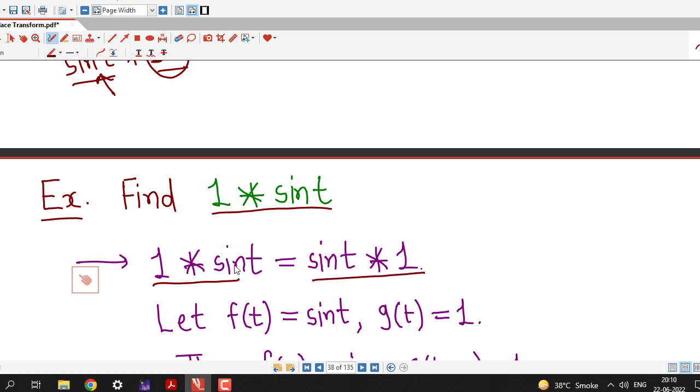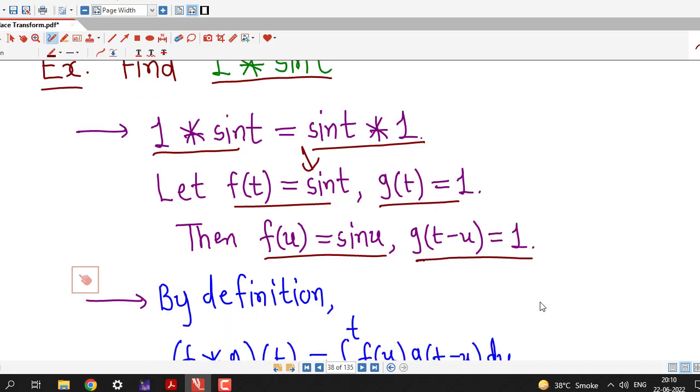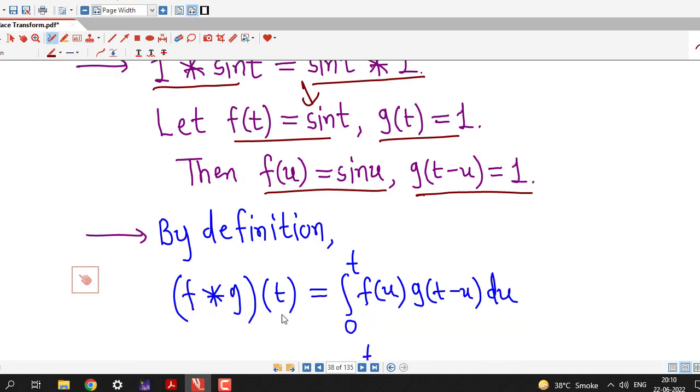Therefore we consider f of t equal to sin t and g of t equal to 1, and f of u will be equal to sin u, and g of t is 1 for all values of t, therefore g of t minus u is 1. Now we use the definition: f star g of t is the integral from 0 to t of f of u, g of t minus u, du.